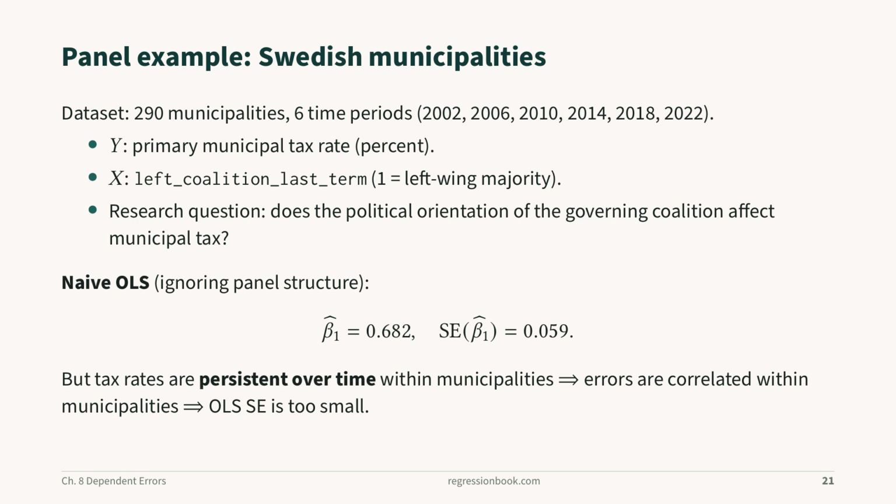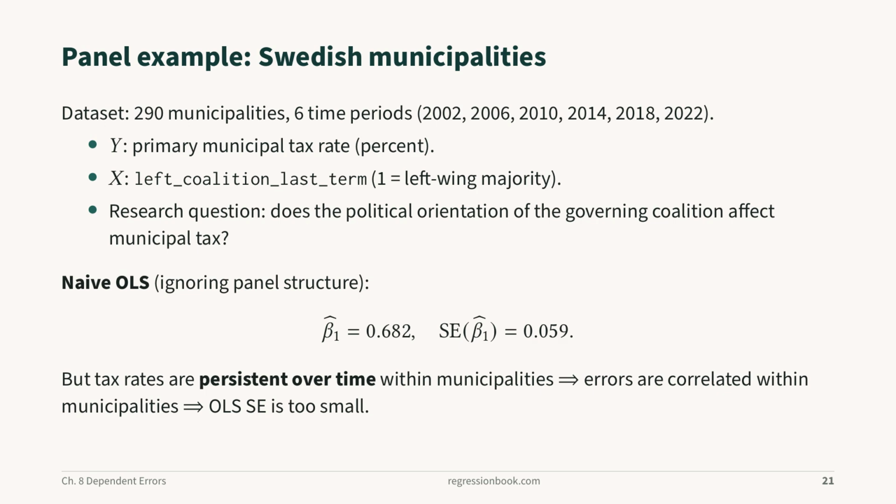Now the running example. 290 municipalities over 6 elections, tax rate as outcome, a left coalition indicator as regressor. Naive least squares, ignoring the panel structure entirely, gives a coefficient of 0.682 with a standard error of 0.059.